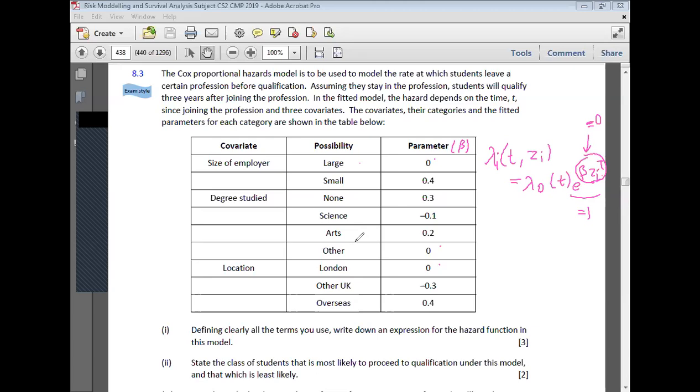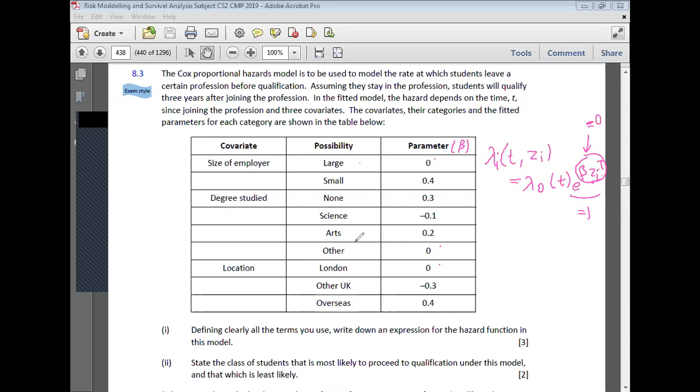So here what you will try to do is, let's say you want to compare what happens once you graduate. So if you graduate with a science degree, what is your force of mortality if you work in a small company or if you work in a large company? Ideally, you would want to question whether there is a significant difference between these or not. So whenever you try to figure out these differences, or whenever you try to compare two things, you need to set up a base.